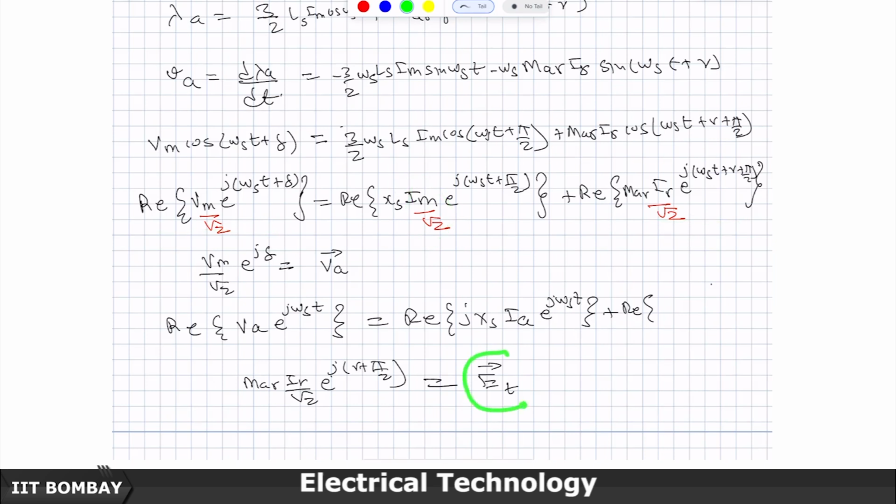This is also proportional to IR. So, the more field current you push into the rotor winding, the more air gap flux it will create. The more air gap flux it creates, the larger the voltage which will be induced in the 3 phases A, B and C. So, you will see larger open circuit voltages across them, that is the basic idea.